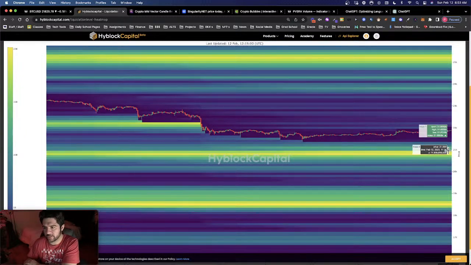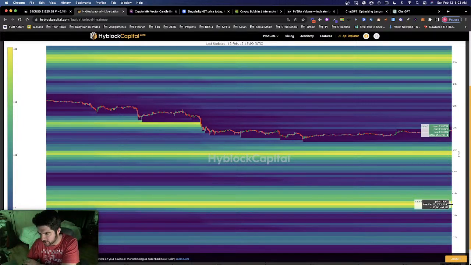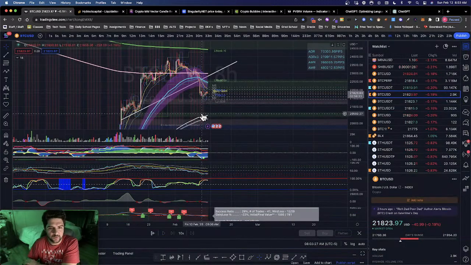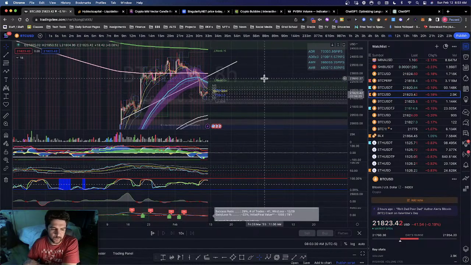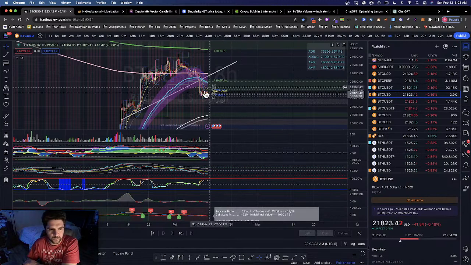See how many longs? There's like 18 billion, 19 billion, 15 billion, 9 billion, 5 billion, 7 billion, down here 20 billion, 16 billion, and they haven't closed anything out yet. Now if they close that out before it drops, which they probably won't, because people don't pay themselves, then he has no reason to come down anymore.